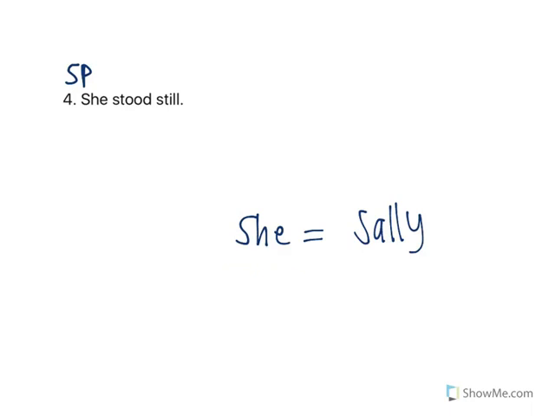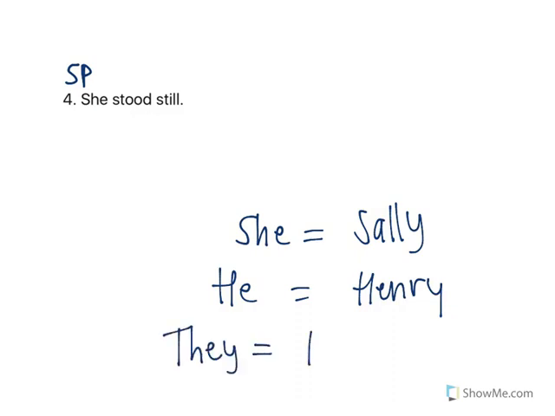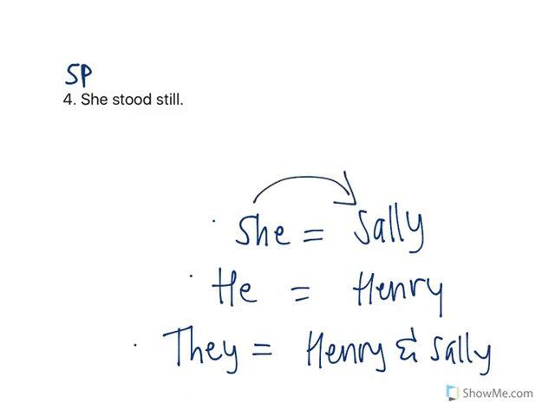But she is a word that replaces the name, Sally. So we know that she is a pronoun. So this is the same for he equals Henry, or even they, which could mean Henry and Sally. So any one of these pronouns are just words that replace a regular name.